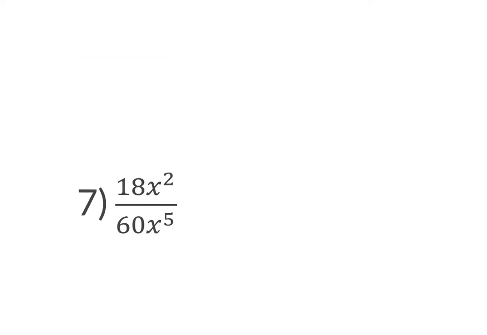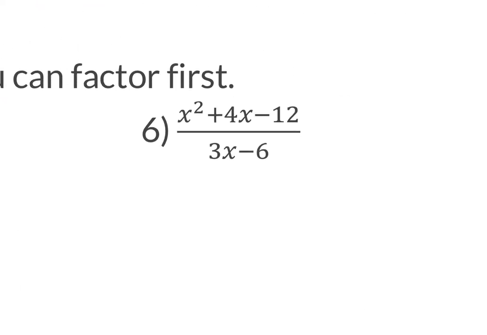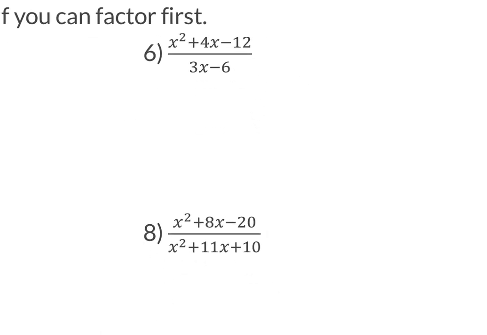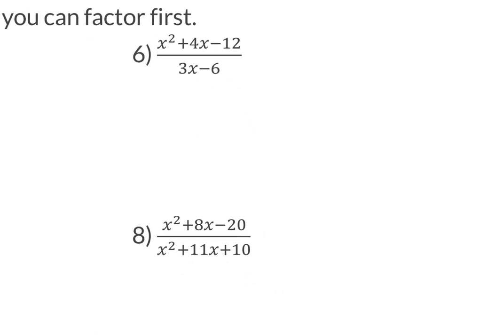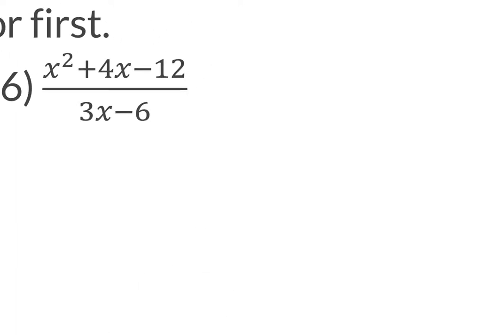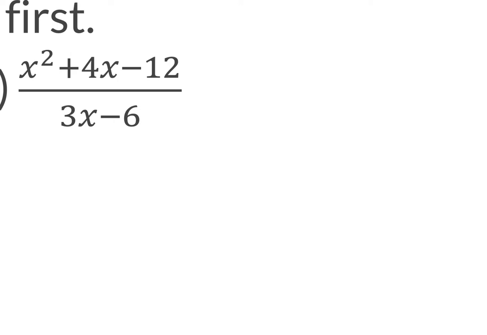We're going to save 7 to start tomorrow. Well, after the quiz. So now go to 6. If you look at 6 and 8, now we have expressions in the top and the bottom. So the first thing we're going to do is check to see if we can factor in both spots. So if I look at the top here, can I factor x squared plus 4x minus 12? How do I factor if there's 3 terms?